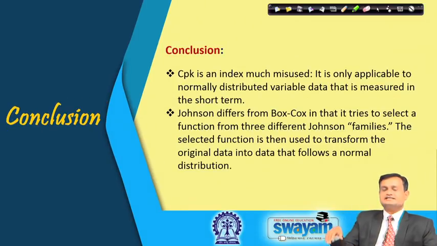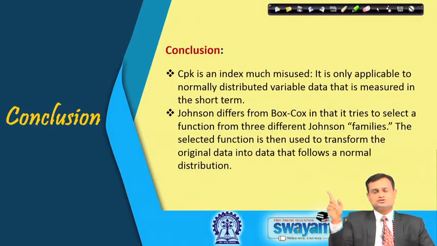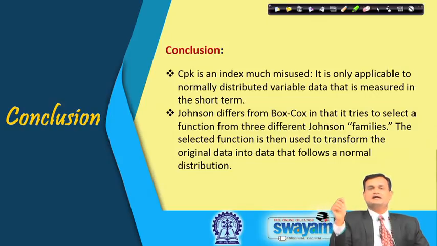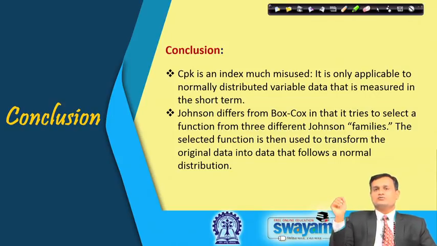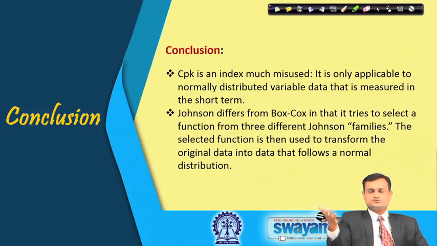So, Cpk is an index that is misused, only use it when the data is normal. Otherwise, convert your non-normal data into normal or choose the best fit distribution, and automatically your software will take care of it, convert it into normal and give you the appropriate result of the process capability.